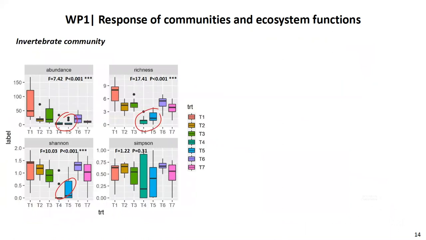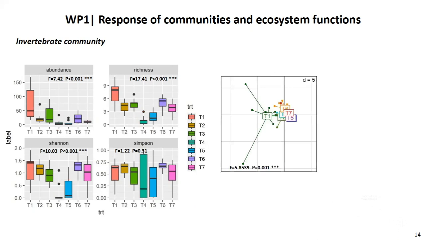So here, concerning the invertebrates, we can see that mainly the combined effect of deforestation and drought had a strong negative effect on abundance, on species richness, and on the Shannon diversity, but no effect on the Simpson. If we have a look on the invertebrate community structure, we can see that all the treatments have a significant effect on this structure.